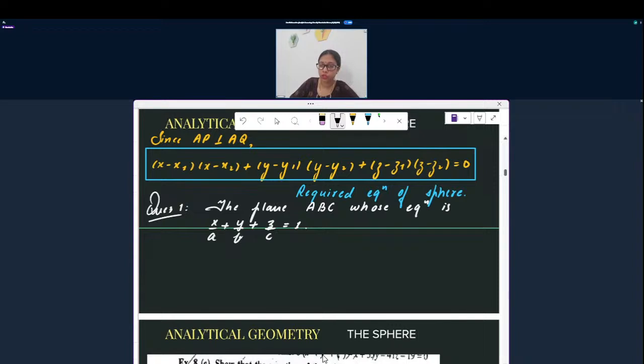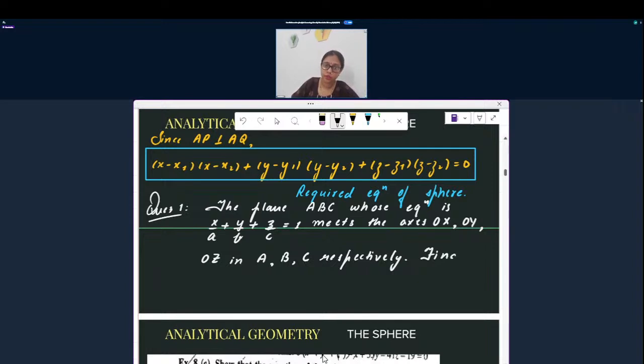So the plane ABC, whose equation is this, meets the axes OX, OY, OZ in A, B, C respectively. Find the equation of sphere OABC. There are 4 points given on the sphere: origin, A, B, C. Find out the sphere. Quick.